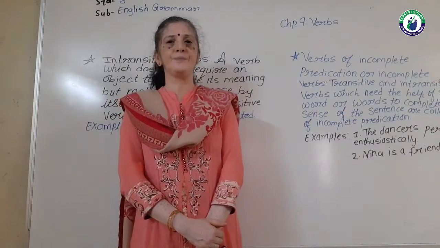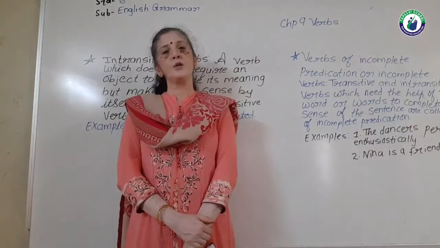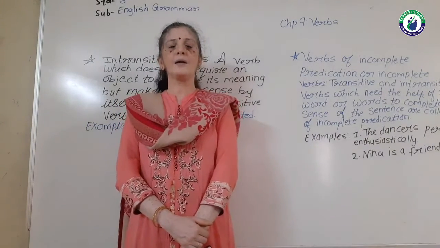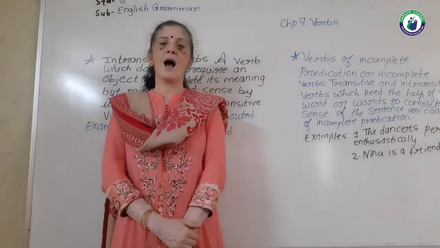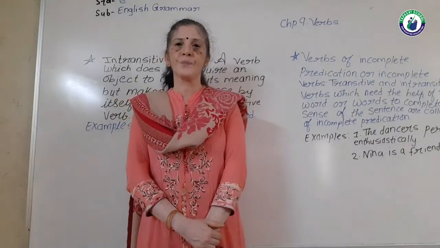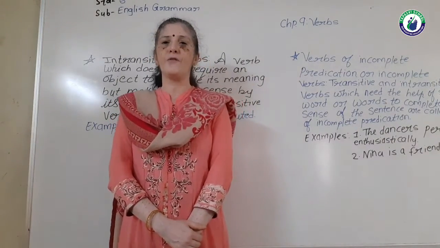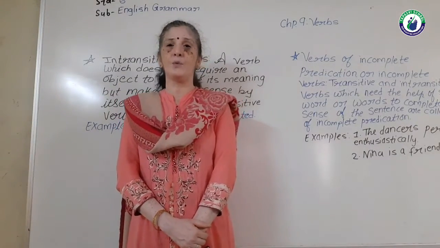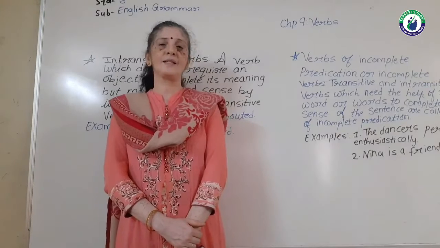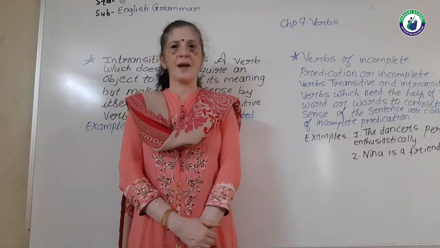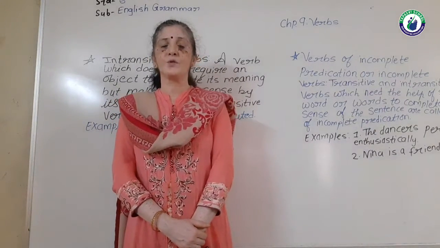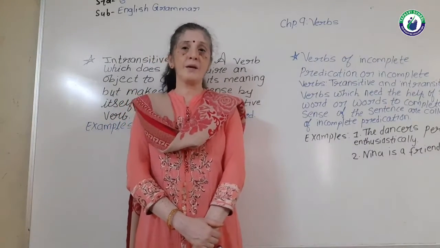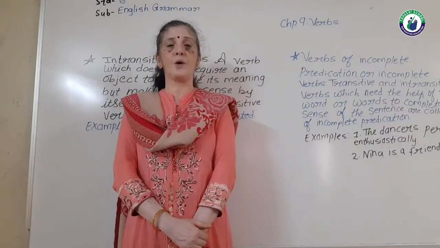For example, if I say you are a student, see here, are is called a be form, and here are is acting like a main verb, right? If I say you a student, the sentence is incomplete. So we have to add are. You are a student. So here are is a main verb.